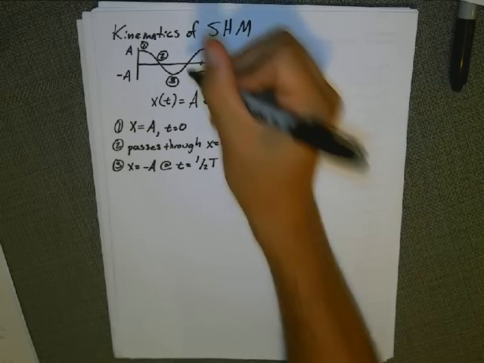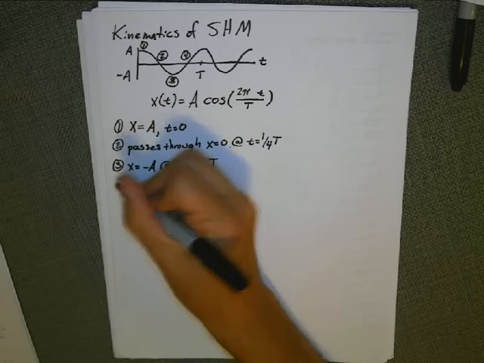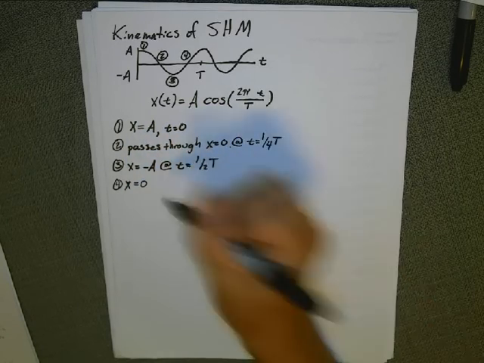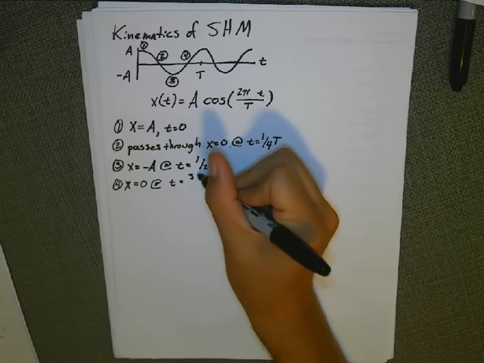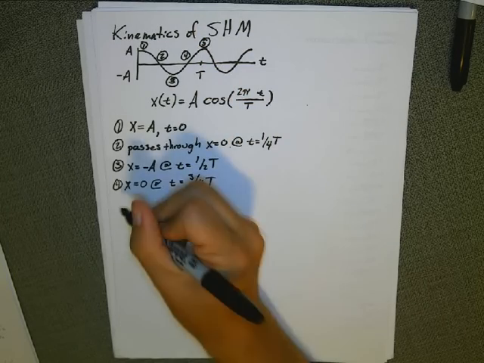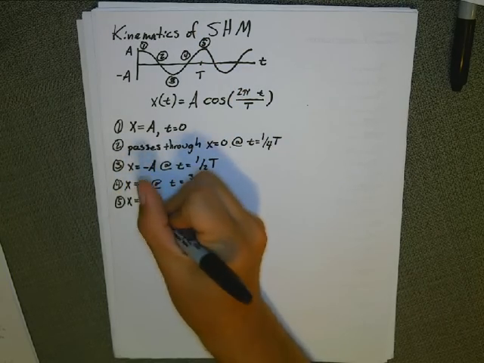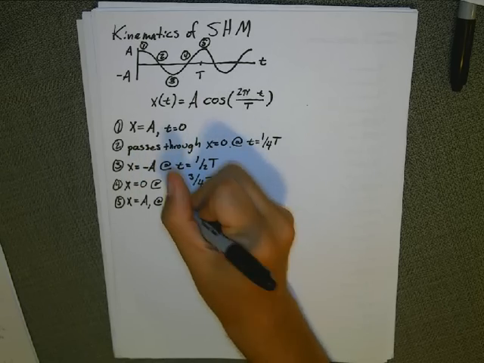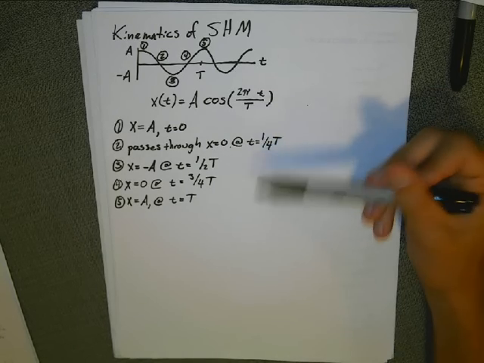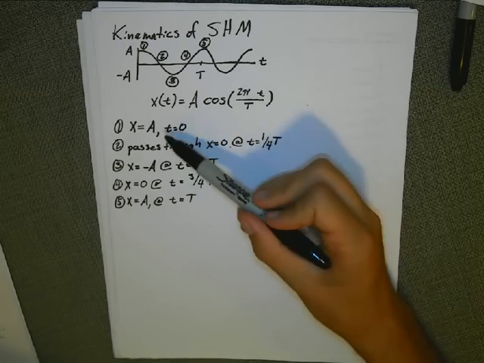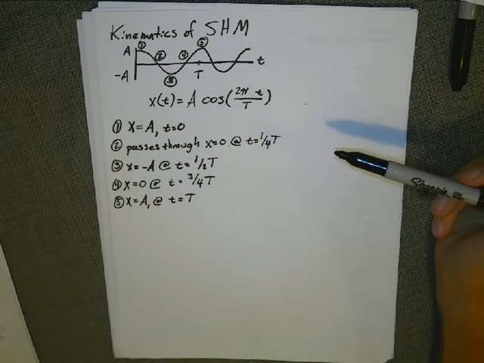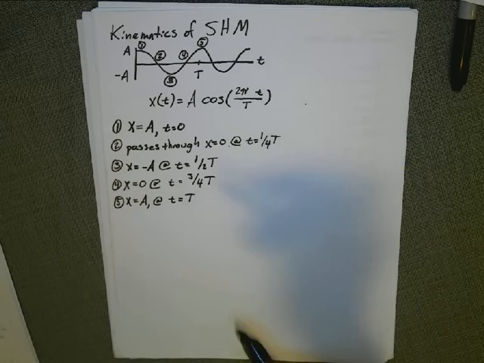At point 4, x again is equal to 0, passes through at t equals 3/4 of T. And lastly, at point number 5, when it starts to repeat, x is equal to A at t equals T. So you can pause this, work it out, and make sure that at each of these t's, these are the values that you get when you plug in t at those points. Make sure that you are satisfied that this equation works.